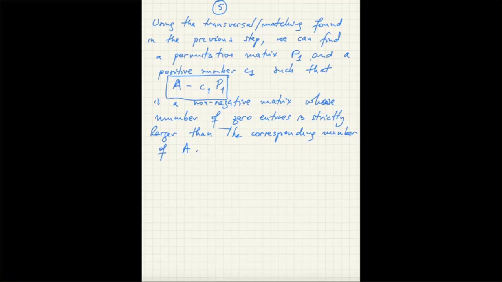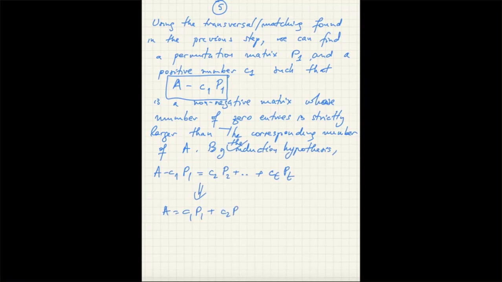If it has more zero entries, it means it has fewer non-zero entries. Therefore, by the induction hypothesis, A minus C1 P1 can be written as a linear combination of permutation matrices, and therefore we get the desired result that A is a linear combination of permutation matrices.